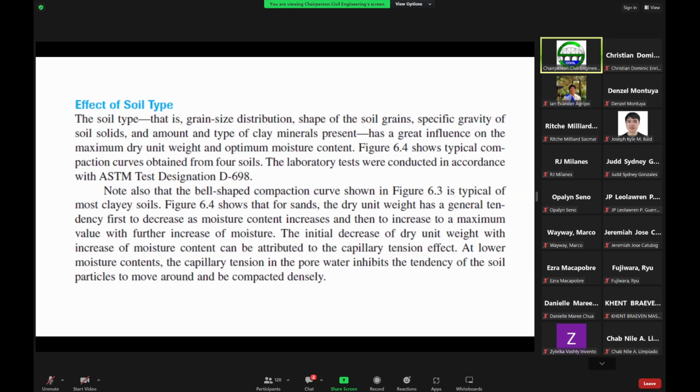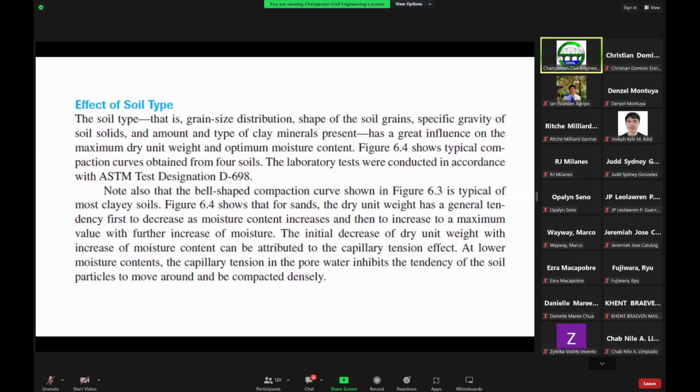The capillary tension effect happens when there is a combination of air and water within the voids of the soil. Usually, we discuss this in detail in the graduate degree, in the master's degree, in the subject on unsaturated soil mechanics.